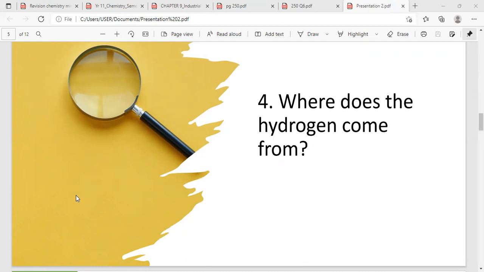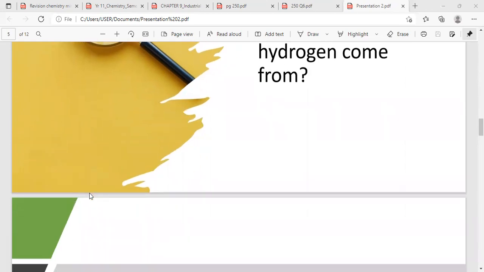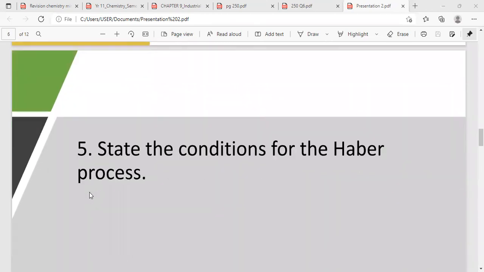Natural gas. That's only part of the answer. Give me the complete answer, students. By reacting natural gas with steam. So it's not only natural gas or only steam, it's formed by the reaction between natural gas and steam.